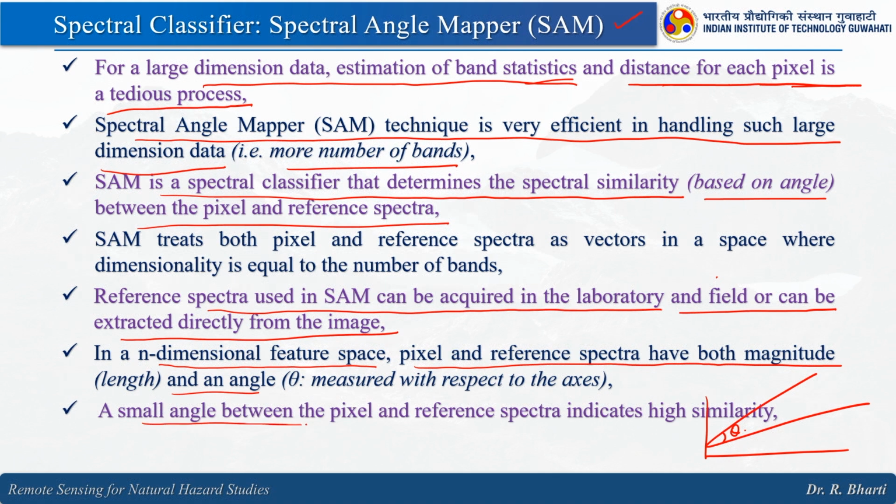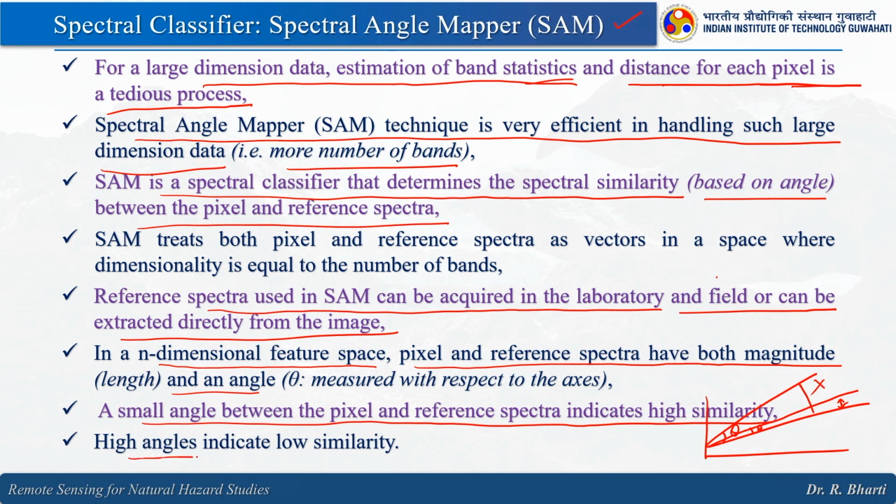A small angle between the pixel and reference spectra indicates high similarity. If it is close to each other with respect to this theta, then they are more similar in nature. If they are far, then they are not. High angle indicates low similarity. So, this is high angle and this is low angle, right.